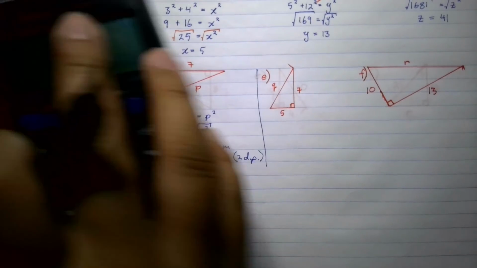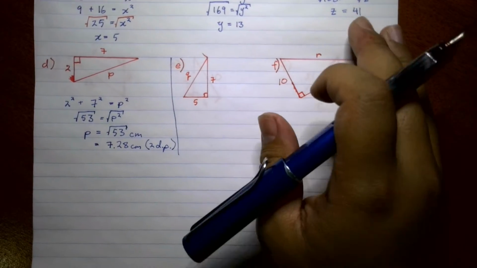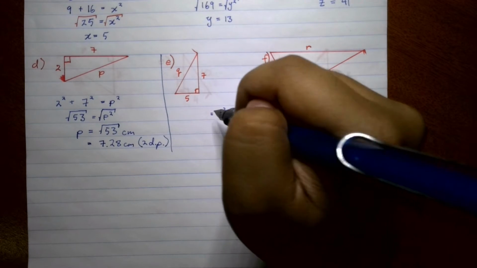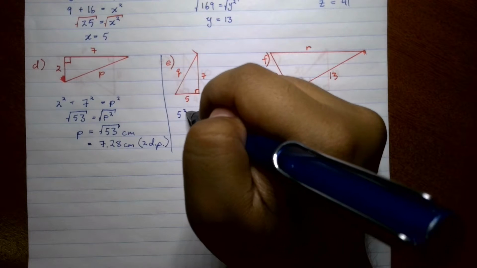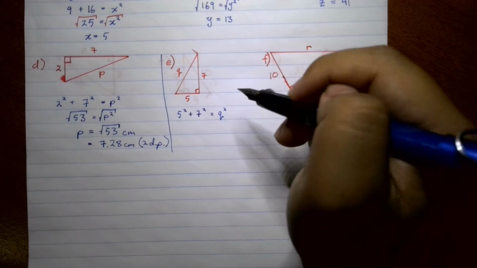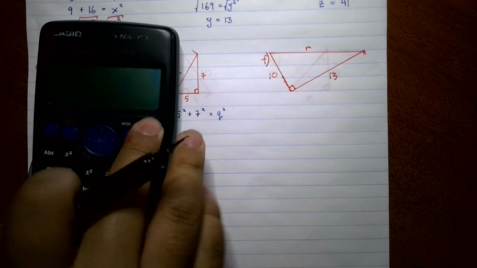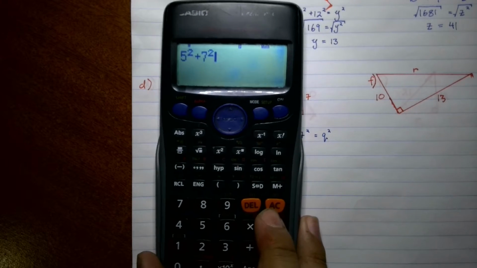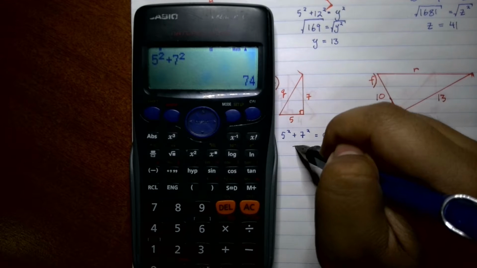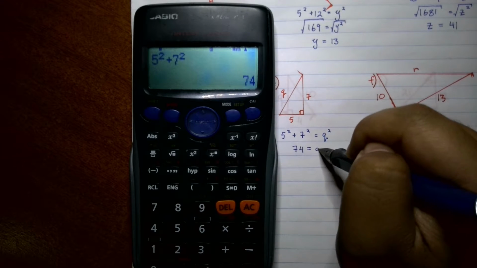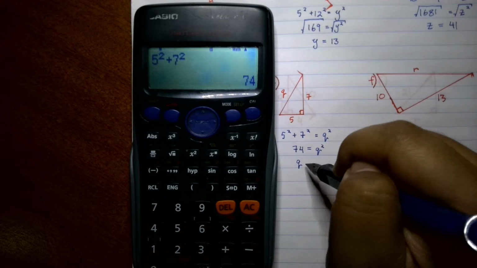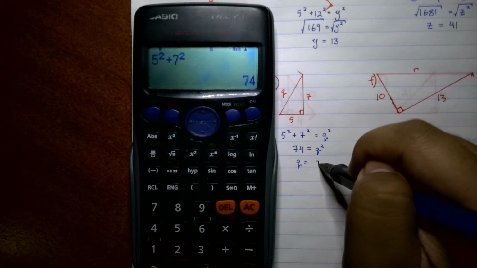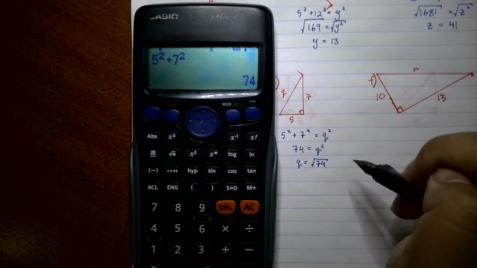Okay, let's do this again. This time, q is the hypotenuse, so q squared, and it'll give us 5 squared plus 7 squared. Adding all these together, 5 squared plus 7 squared is 74, which gives us q equals, if we take the square root of both sides in here, the square root of 74.